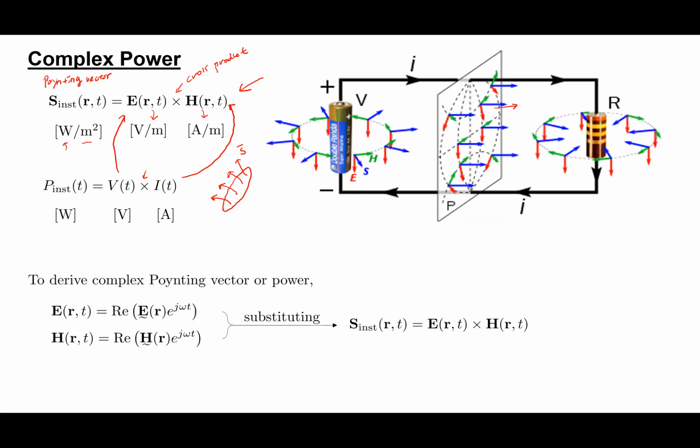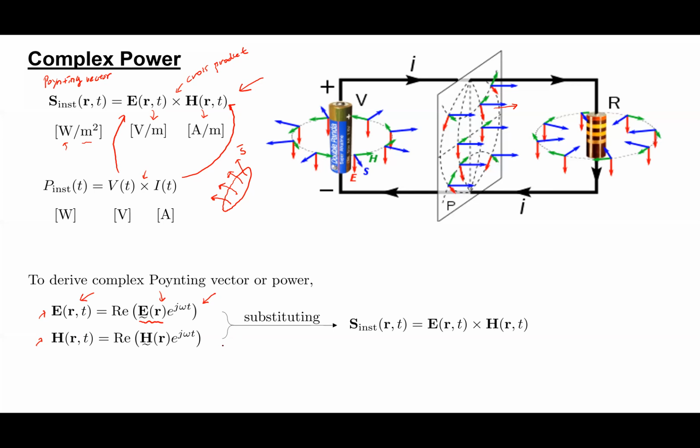So we are going to derive the complex power or complex Poynting vector. Again, we assume that the electric and magnetic fields are time harmonic, so that we can use the phasor representation here. And this is the phasor, and the real value of this whole thing reconstructs the original time harmonic electric field.